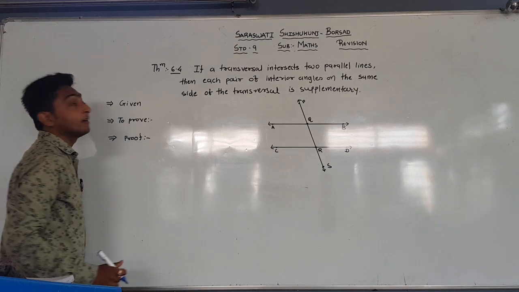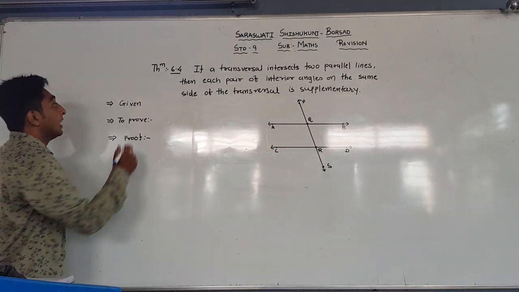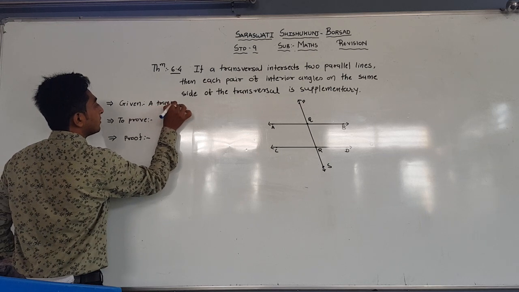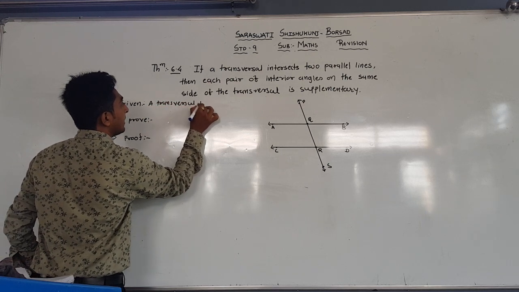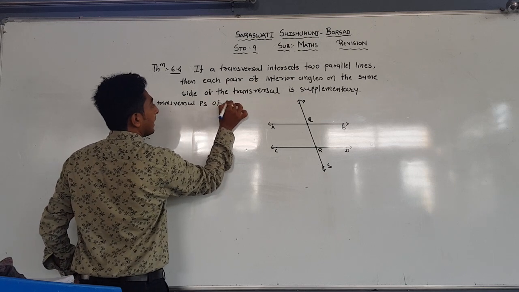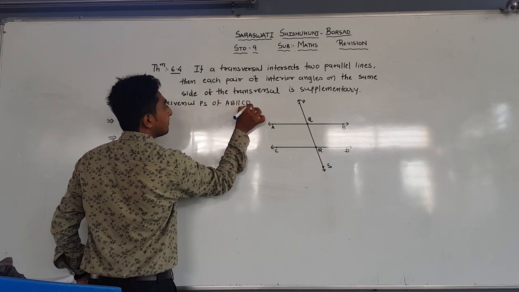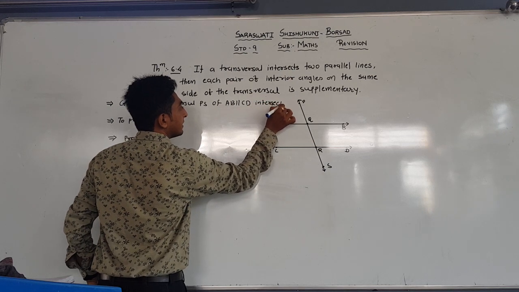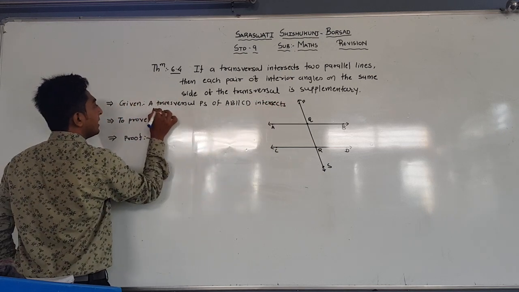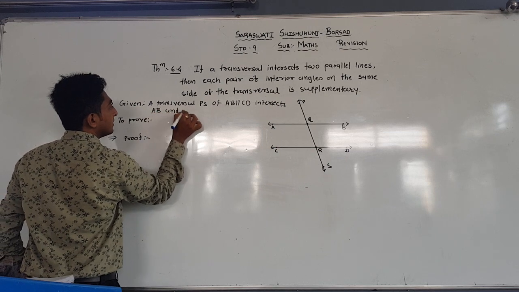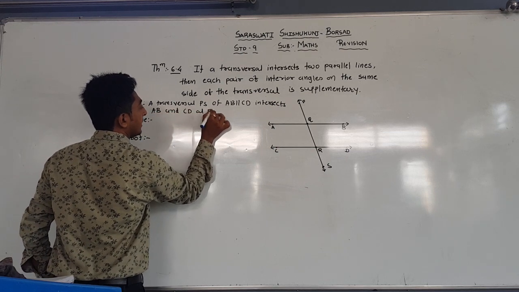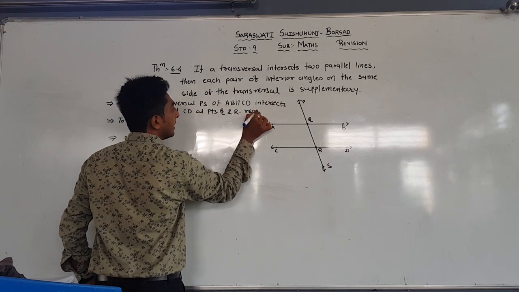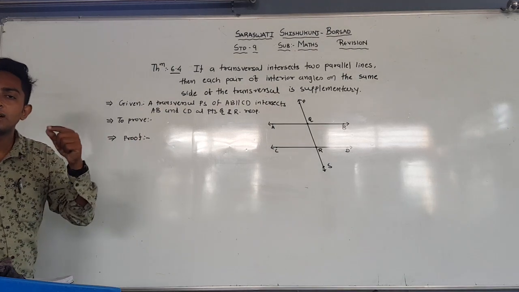So let me write the given statement, that is a transversal PS of AB parallel to CD intersects AB and CD at points Q and R respectively. It is the same as theorem number 6.2.